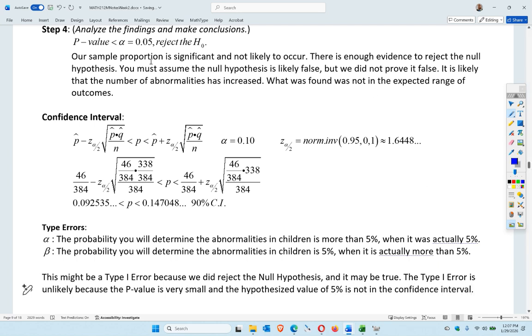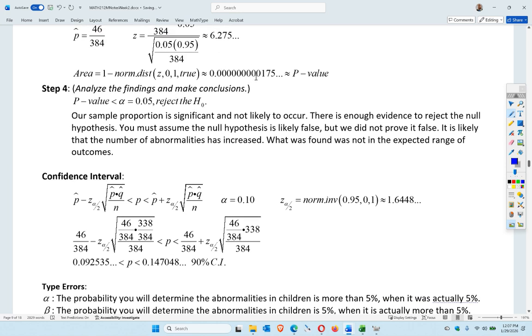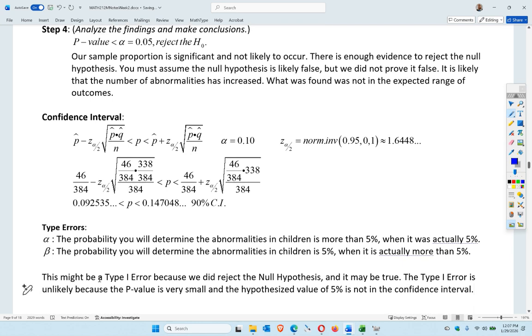So if you look, we had gotten 0.0000001. That's a very small p-value. You know what I'm saying? So if it was close to 0.05, that'd be one thing, but it's not very close. So it could be a type 1 error, but it's not very likely, basically.